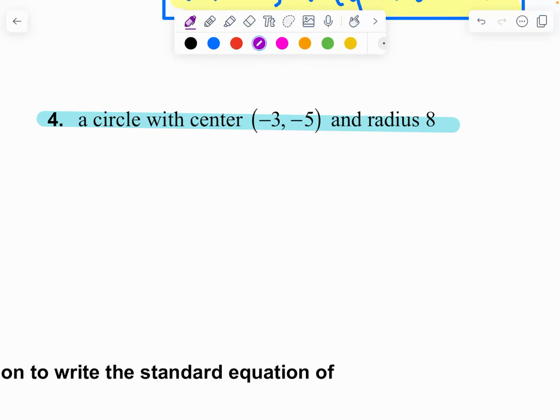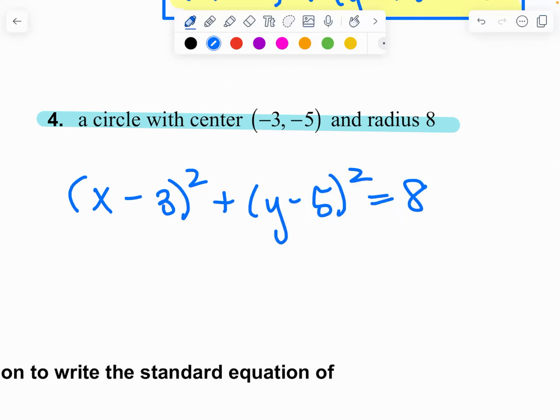All right, Alexa, tell me what you have. Wait, wouldn't it be x plus 3 and y plus 5? Because it's a negative and a negative.